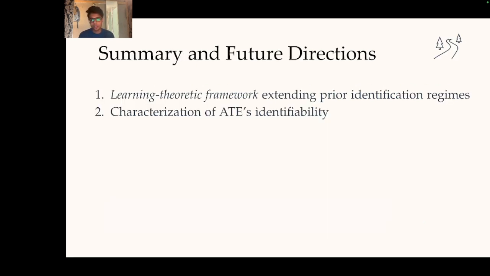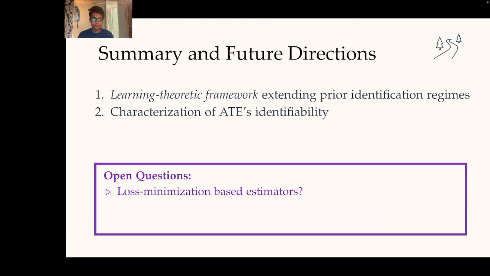So with that, I'll conclude. In this work, we introduced a learning theoretic framework that connects causal inference, or specifically treatment identification, to learning theory. And it's very interesting to see if learning theory can have other applications in causal inference. Some other smaller questions which are directly related to our work are as follows.